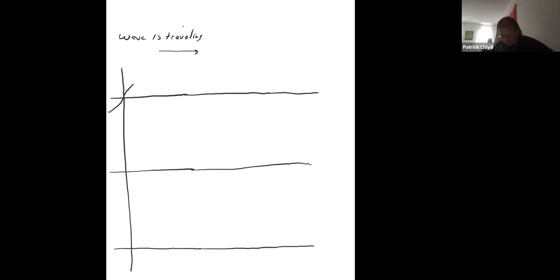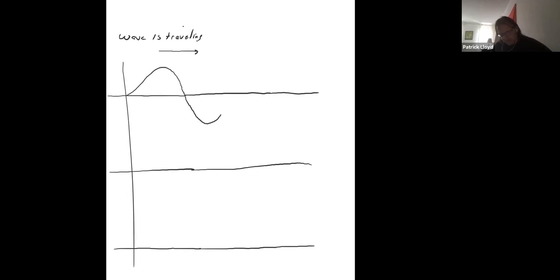Oops, but that was terrible. Let's try that again. Okay, I'm just going to show part of it. So here's our wave. Okay. So we'll call this time equals 0. So this is at the beginning.